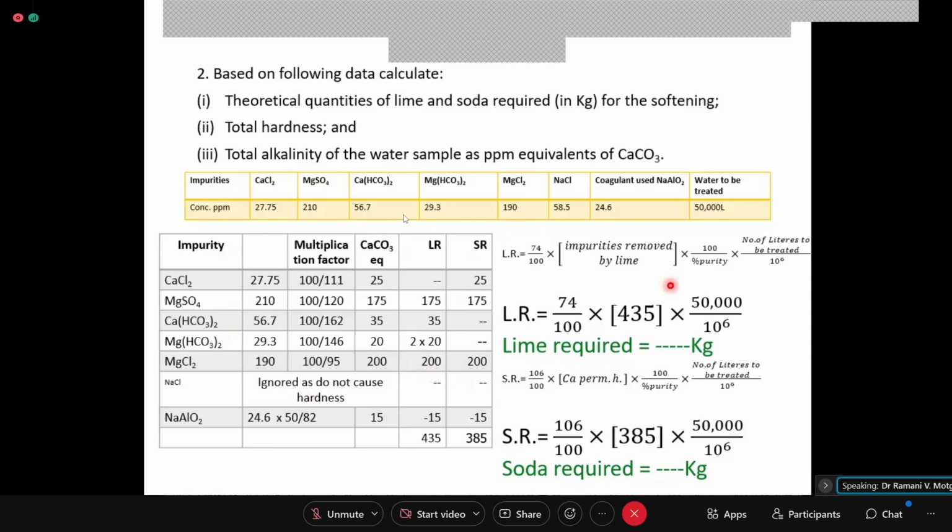But our calculation is a theoretical calculation. So when you are doing theoretical calculation, you can't say it this way. You are considering it 200 here, and that is why the equivalents of sodium aluminate are deducted from this and this. So ultimately it becomes like that only. Things are clear?